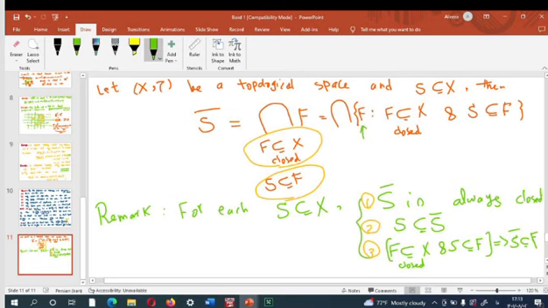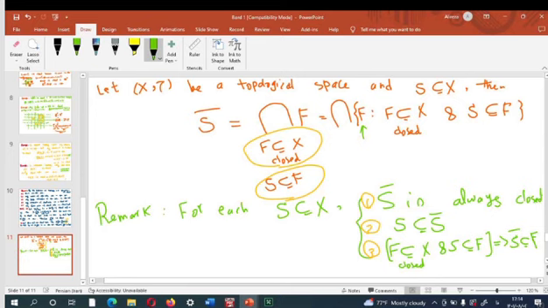Okay, so S bar is a subset of F. The intersection of this family is smaller than each element of this family. Okay, so if we have F closed and containing S, F is a member of this family, so S bar is less than this F.